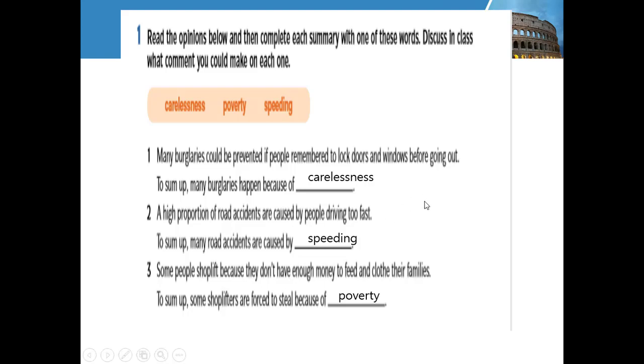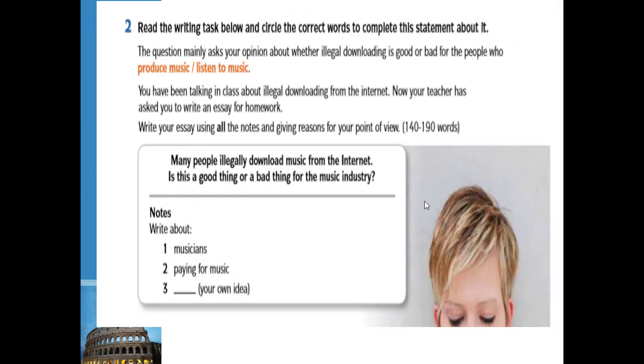Okay, now let's have a look at activity number 2. Read the writing task below and circle the correct words to complete this statement about it. So firstly, you have to read the task below. So the task is, you have been talking in class about illegal downloading from the internet. Now, your teacher has asked you to write an essay for homework.